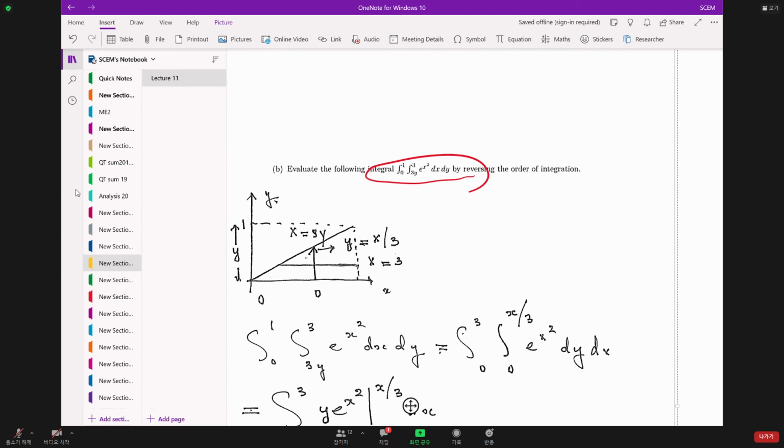Here you are integrating with respect to x first. x changes from 3y to x equals 3, so it's changing from here to here. So this is a type 2 region. You're treating it as type 2, and it's virtually impossible.